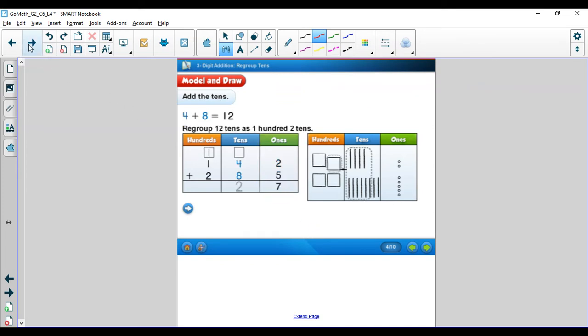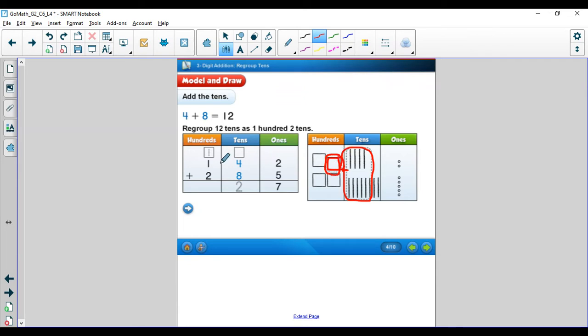Now it's time for our next step, to add the tens. So when we look in our tens, we see 4 tens and 8 tens. So we're going to count them. 1, 2, 3, 4, 5, 6, 7, 8, 9, 10, and circle our group of 10. And we're going to bring that group of 10 over to our hundreds and draw a new 100 and circle it so we don't forget it.